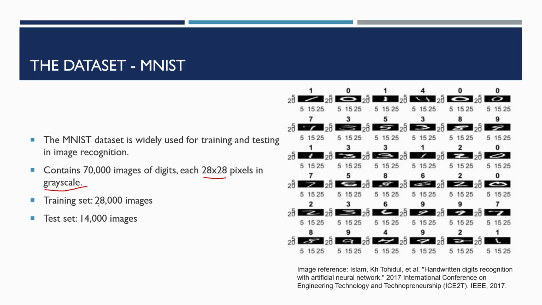Now the training set contains 28,000 images and for testing there are 14,000 images, ensuring that their model learned from a diverse set of examples. So this is how the data will look like. All the images in this PPT are taken from the paper. The link for the paper you can find in the description below.